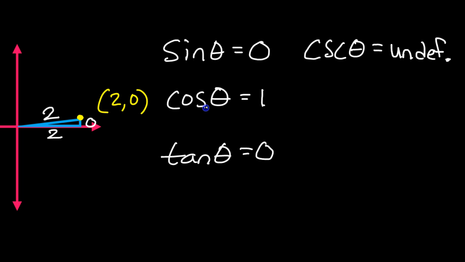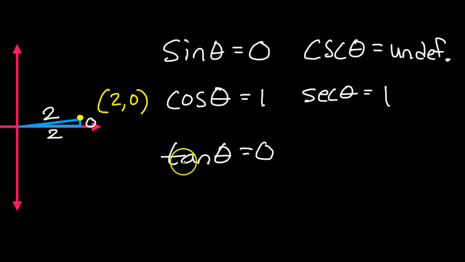Okay, what about cosine? The reciprocal of that is the secant function. Okay, let's look back at the original triangle. The cosine was adjacent over hypotenuse, all right, 2 over 2. The reciprocal of that is still 2 over 2, so the secant is still going to be 1.